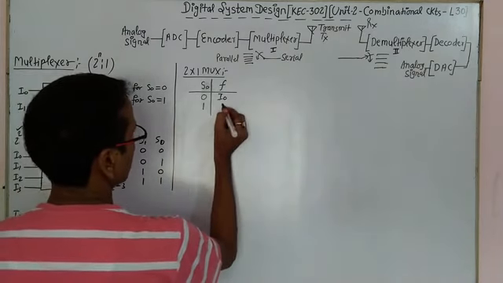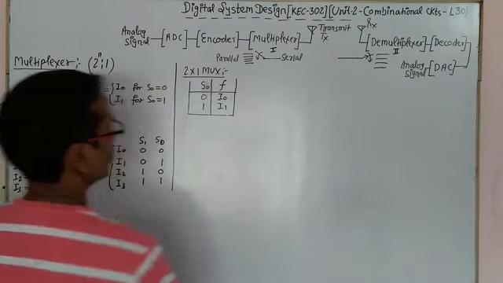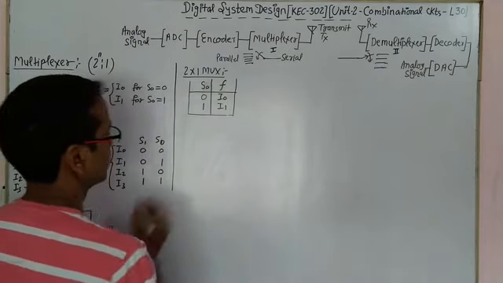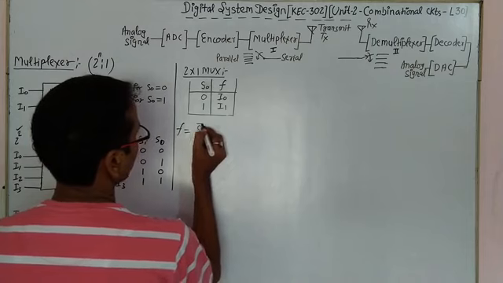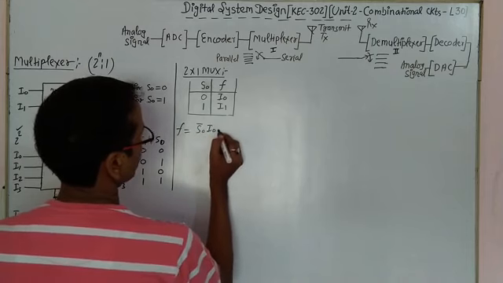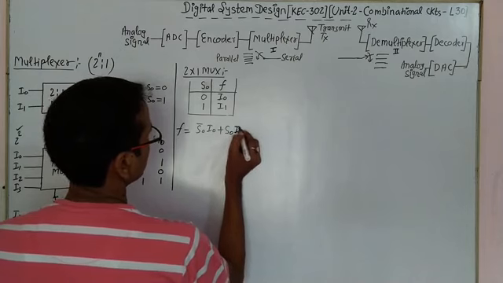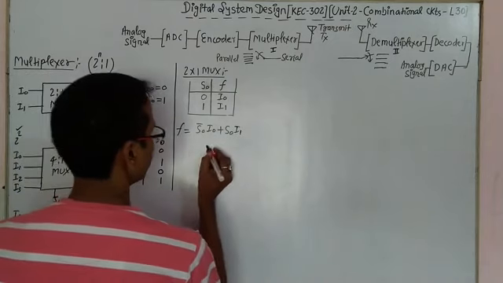For 1, the output will be I1. So the function F will be S naught bar I naught plus S naught I1. So this is the function, and you can design it.